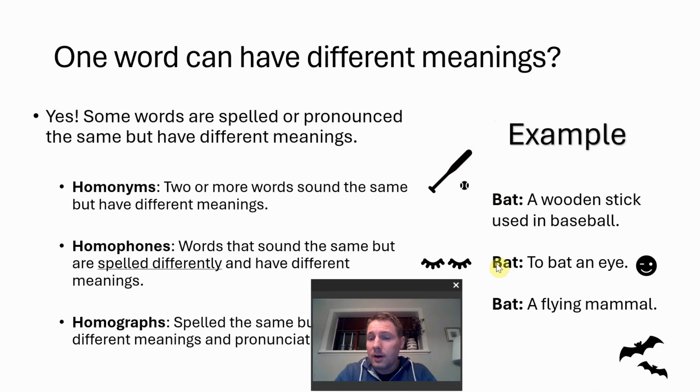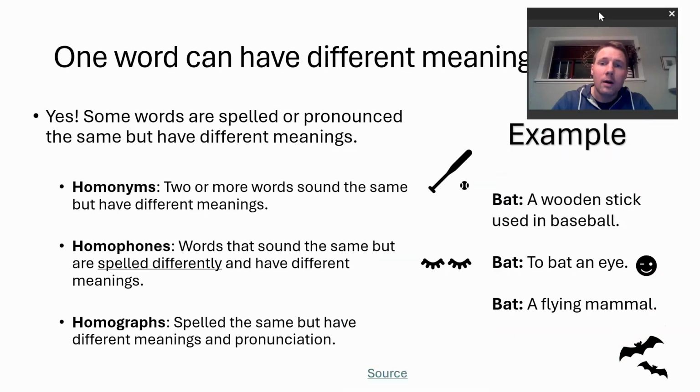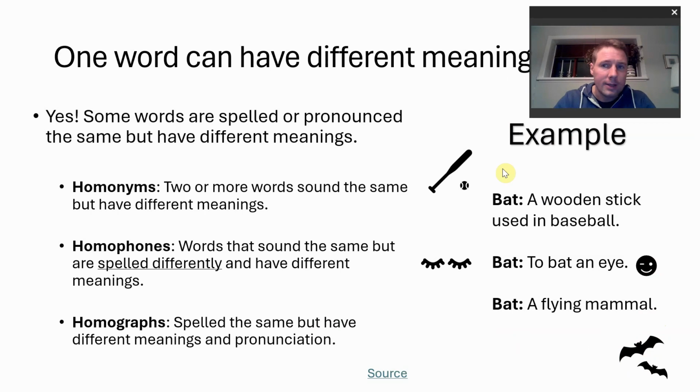You can also bat an eye, like this guy is doing here, and I'm trying to do here. And then a bat can be a flying mammal, as you can see in the picture here in the bottom right corner. Now, some more examples of how words can have different meanings.